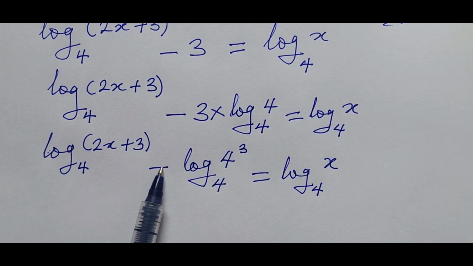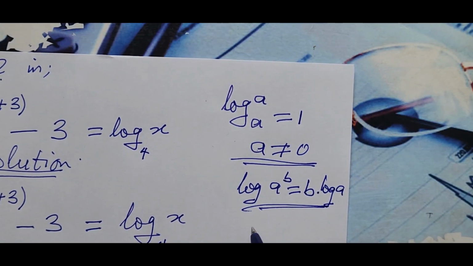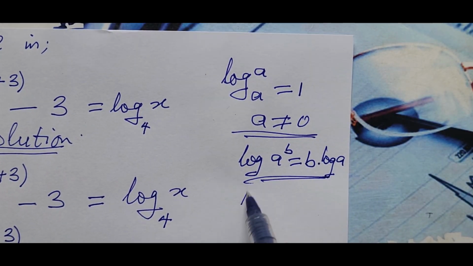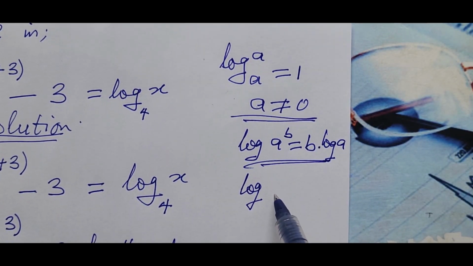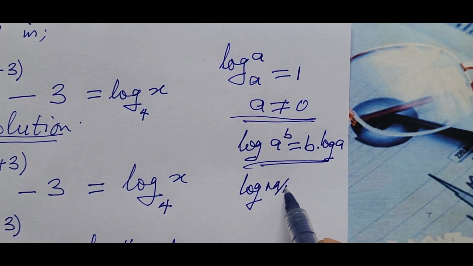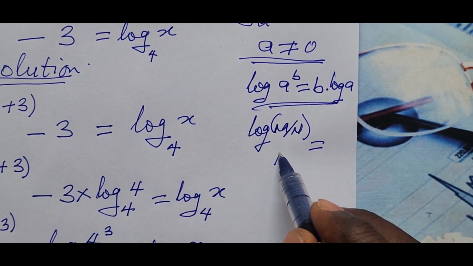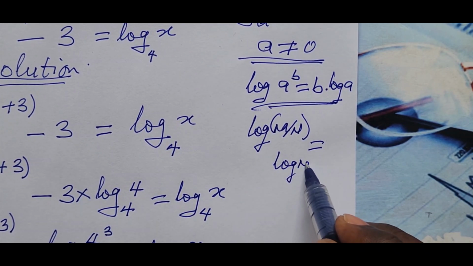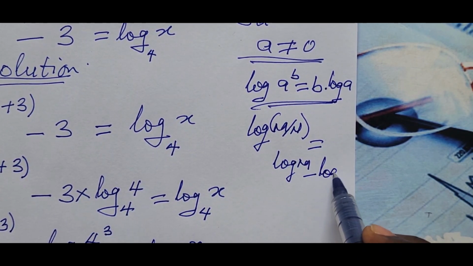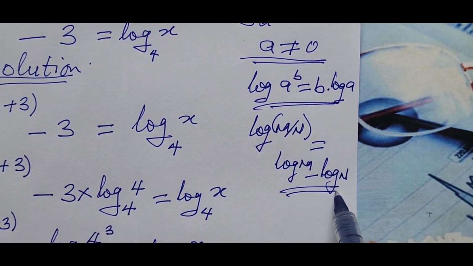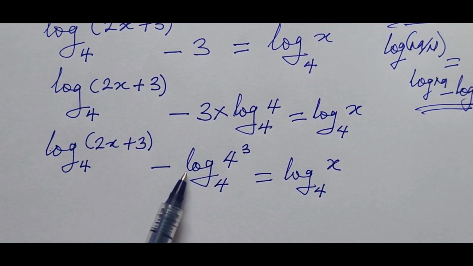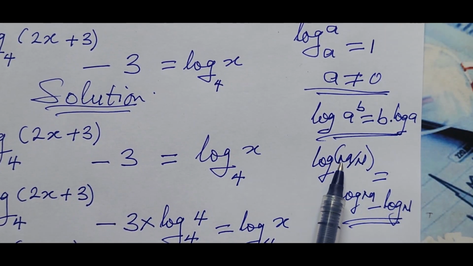With what we have here, we are having a minus sign, so we also resort to the division law of logarithm, which says that if you have log of m over n, then this is equal to log m minus log n. So we have to rearrange this in this form.